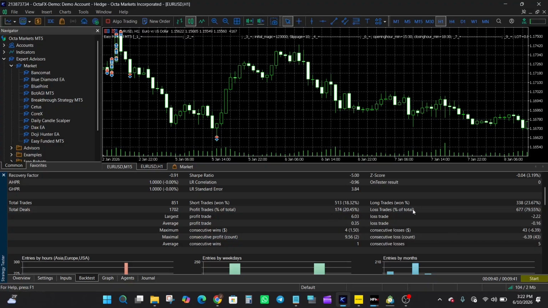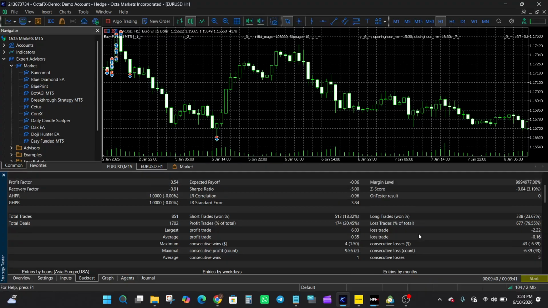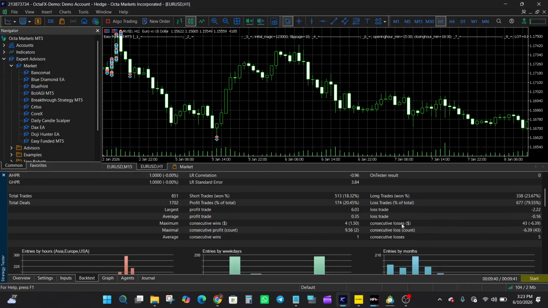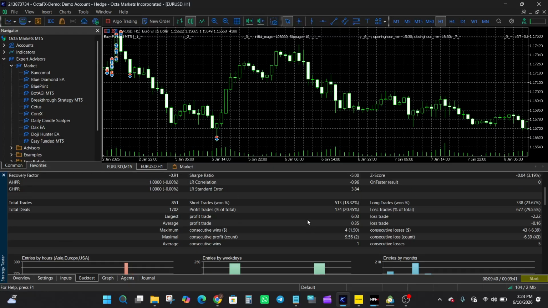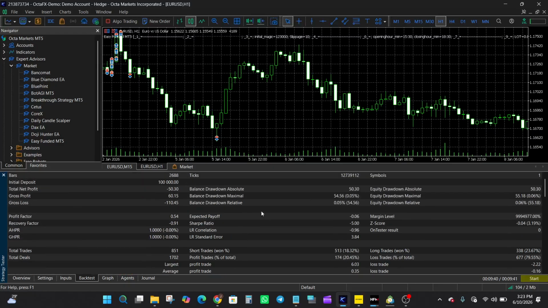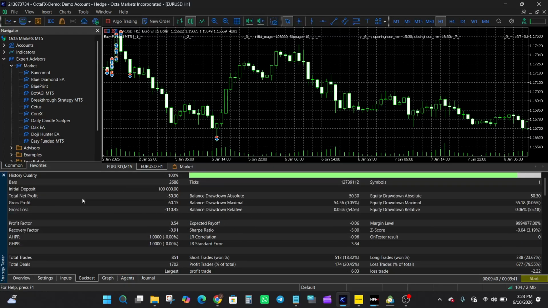But the win rate is very, very poor. So despite the good risk to reward ratio on average, the win rate is very low. So it's not surprising to see a negative net profit that is just very little compared to the initial deposit.